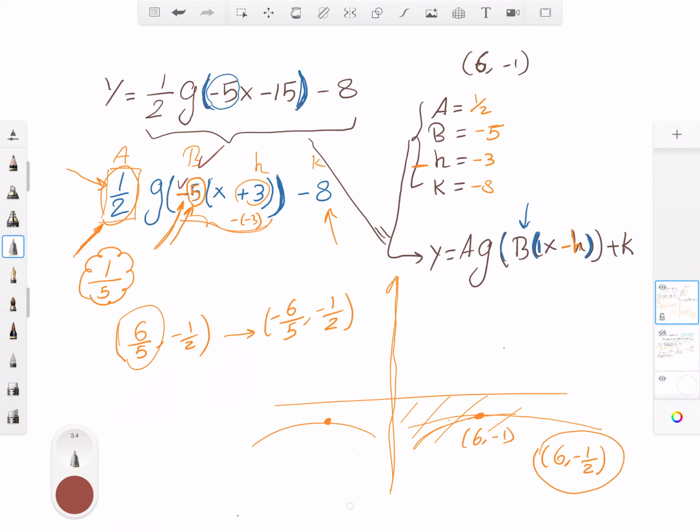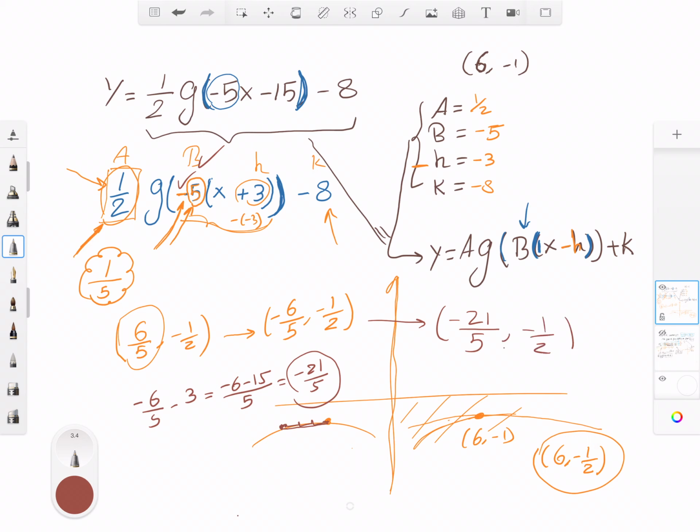Now we're going to apply H. So we did B, we did 5, we applied one negative number. Now H is -3, so we're going to go to the left 3 units. That means -6/5 minus 3. It will be -6 minus 15 over 5, which is -21/5. So we have (-21/5, -1/2).